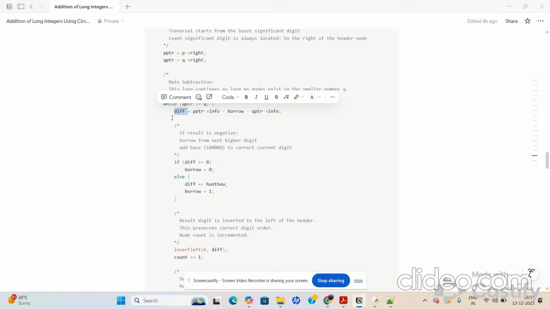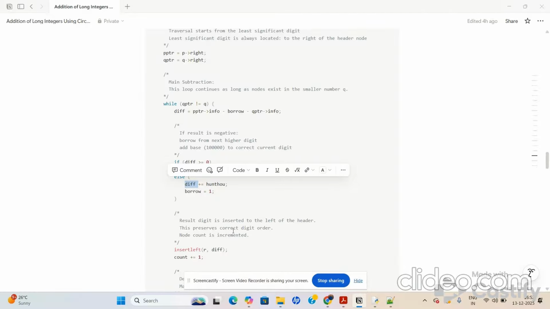Okay, and we set the borrow as 1 for the next iteration. Okay, see, if it is a negative number like you saw previously, what you do is you add the difference to the base, and then the borrow is set as 1.